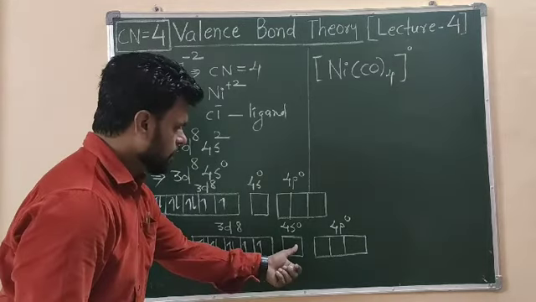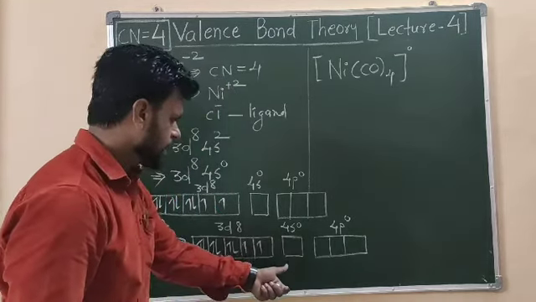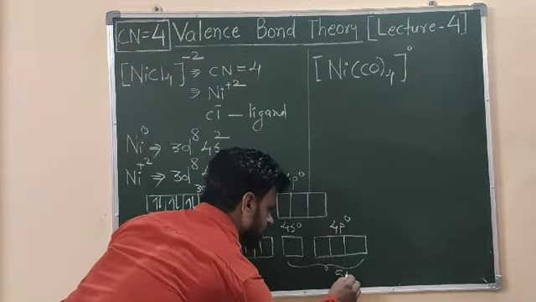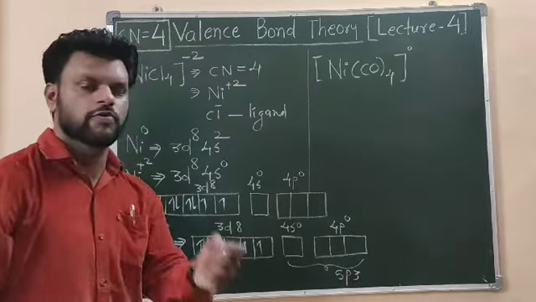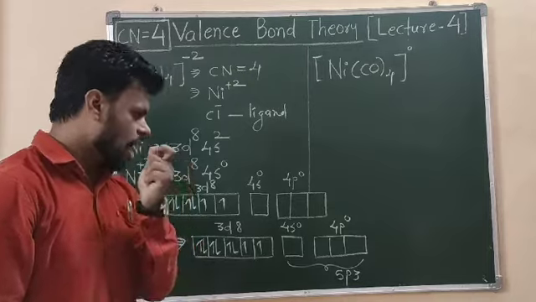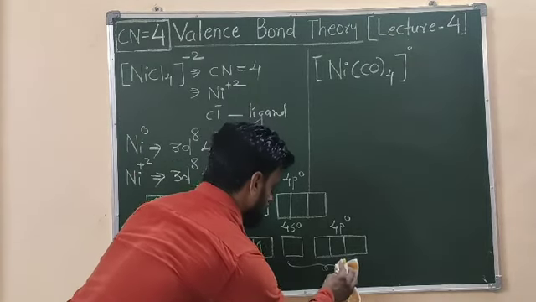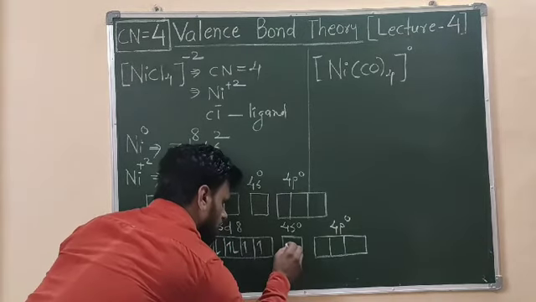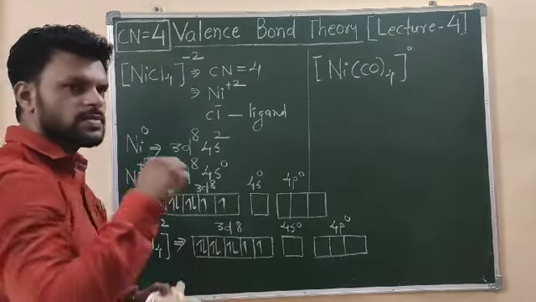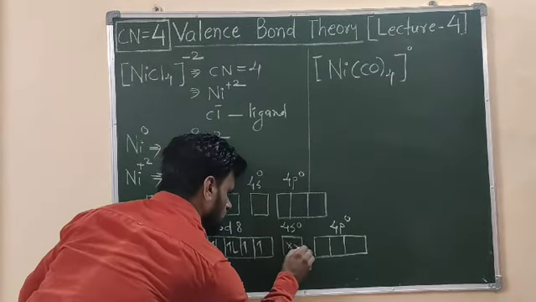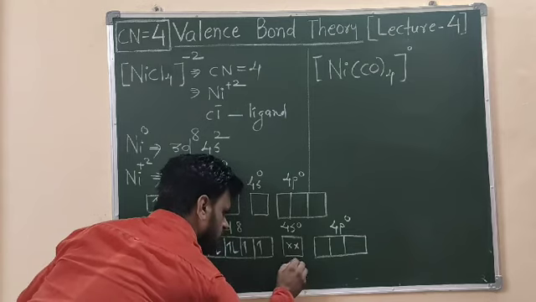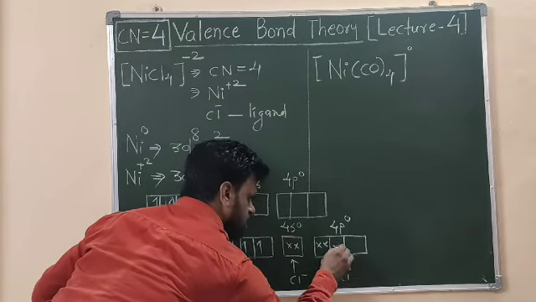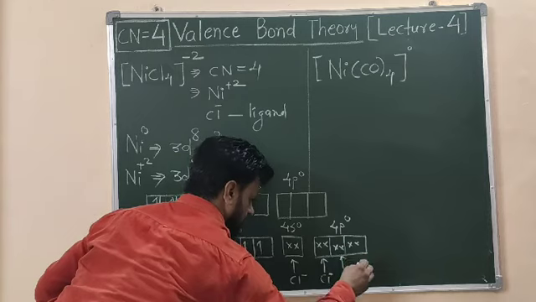Afterwards, the 1 s and 3 p atomic orbitals which are empty will undergo sp3 hybridization and give 4 equivalent sp3 hybrid orbitals. Then the Cl minus ions will form linkages with the metal. One Cl minus ion gives 2 electrons to a hybrid orbital of the metal, and this is how the bonding takes place.